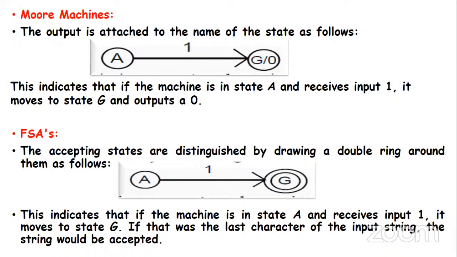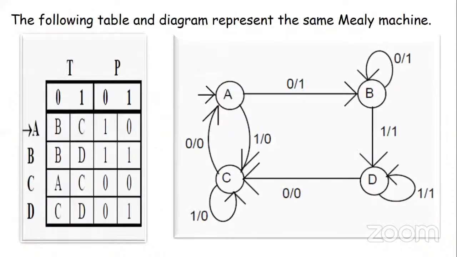So the accepting state is for languages being accepted. So if a string of symbols is passed through a particular FSA from the initial state and it arrives at the final state, we say such a string is being accepted by that FSA.